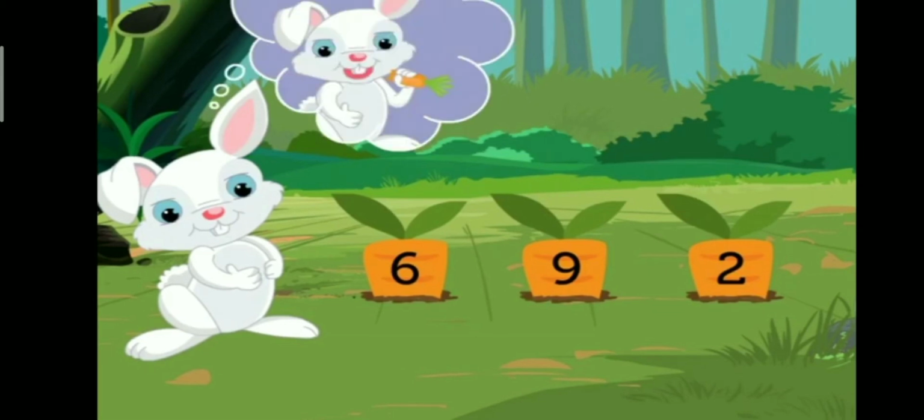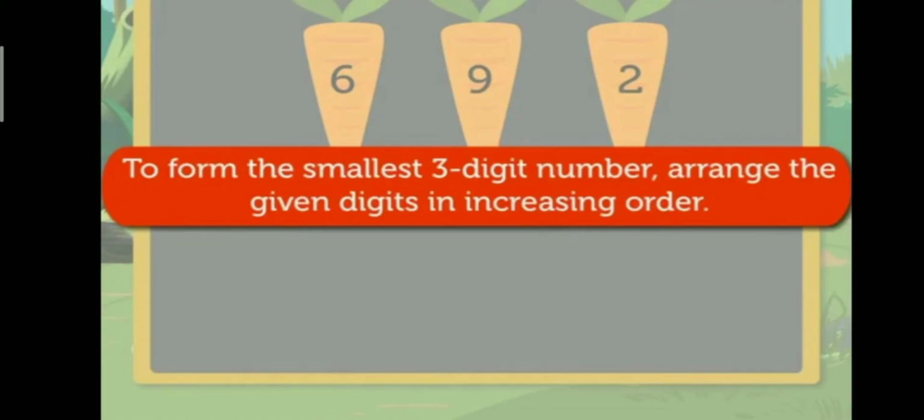But he can eat only these carrots when he forms the smallest and the greatest 3-digit numbers using the digits 6, 9 and 2. Let us help him. Students, to form the smallest 3-digit numbers, we will arrange the given digits in increasing order.